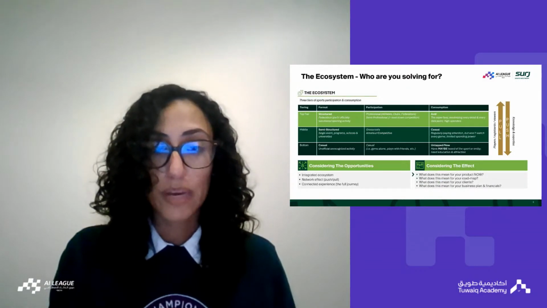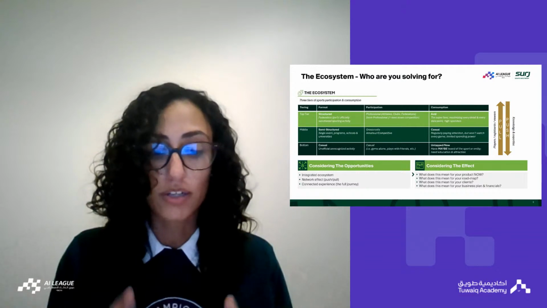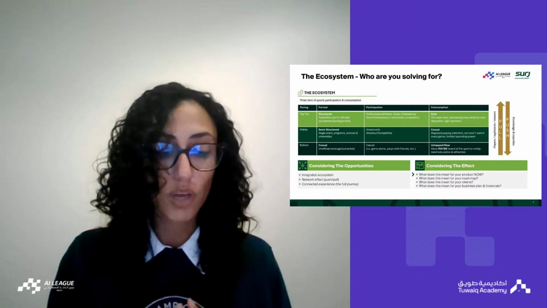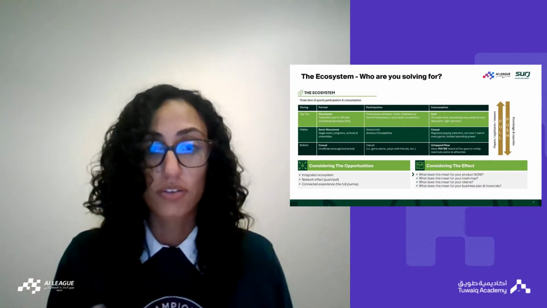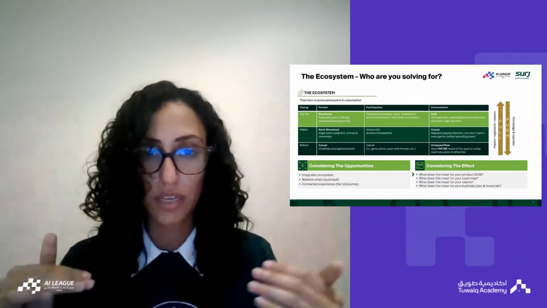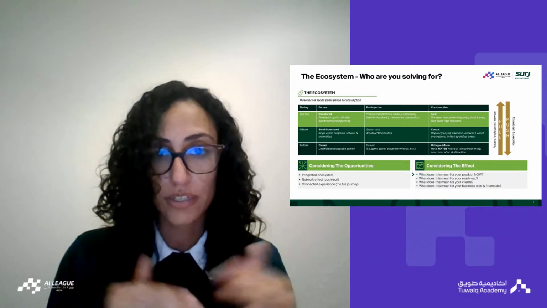So the big question here is, who are you solving for? Understanding your audience and where you're targeting your product explicitly is really important. So here we have a very, very high level example of the ecosystem and the different tiers that we see from participation to consumption.